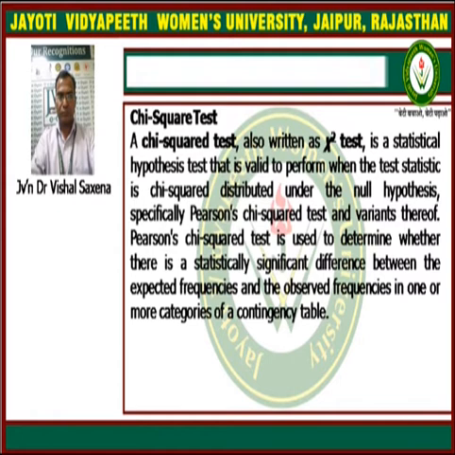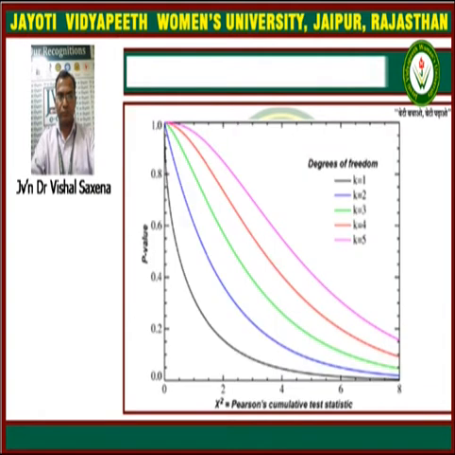The Pearson chi-square test is used to determine whether there is a statistically significant difference between the observed and the expected frequencies in one or more categories of a contingency table.